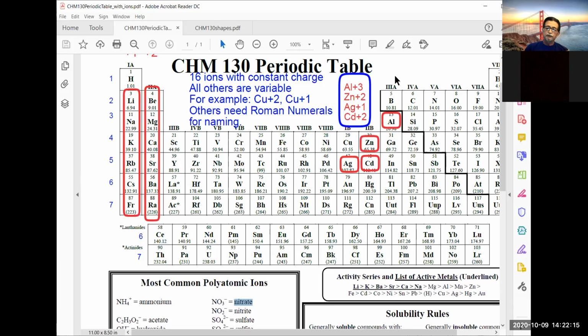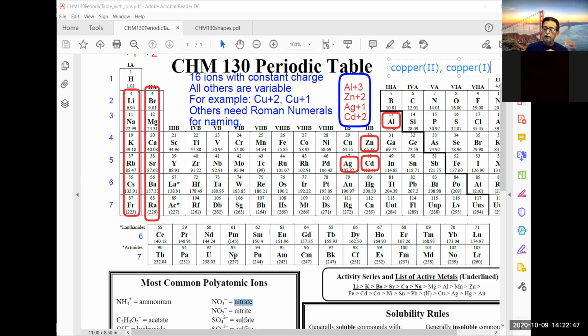So if I wanted to write out copper with a +2 charge, I would write copper, then parentheses, Roman numeral 2, versus copper, Roman numeral 1. Two distinct, different compounds or ions.